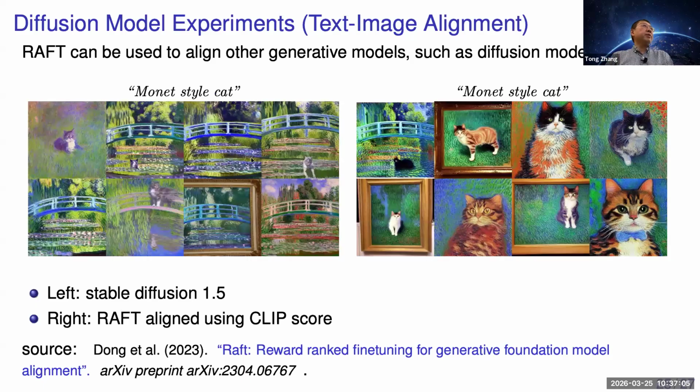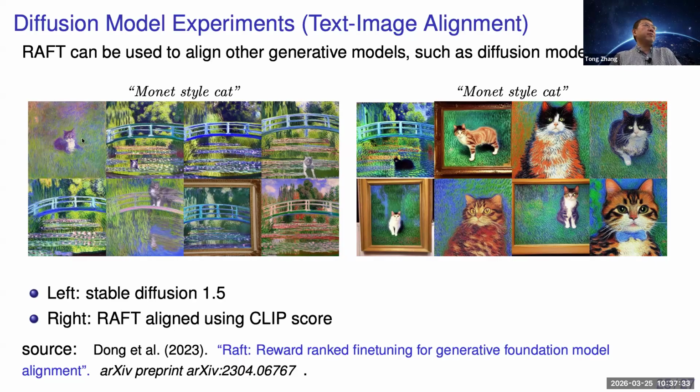Here's one example about this. There's also more in the paper. One example is a Monet-style cat, using Stable Diffusion 1.5, which people in academia generally use, even nowadays, to do experiments. It's a reasonable image generator, and it's smaller scale, so it's not too costly. You can fine-tune that and so on.